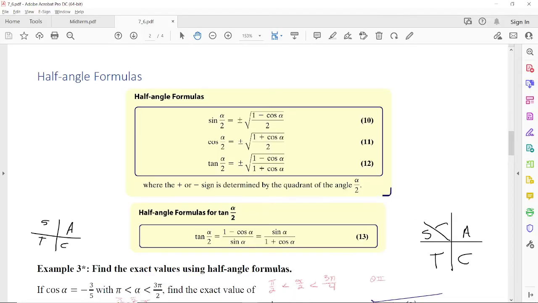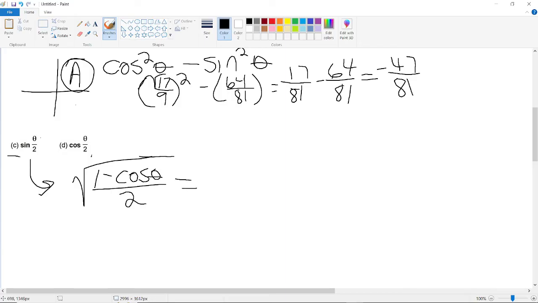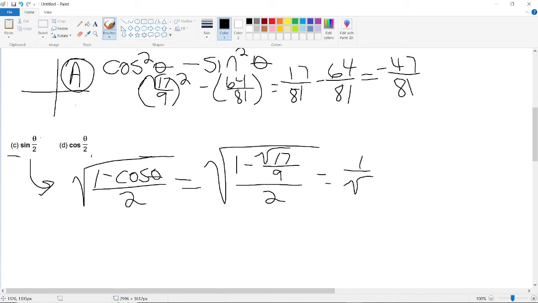And I've already forgotten, so let me just double check. Square root of 1 minus cosine theta over 2 equals square root of 1 minus the square root of 17 over 9, over 2. Well, generally you don't want to have a square root in the denominator. I don't know if your answer will work like that. So I can take 2 out of there, and there's all kinds of ways to do it. 1 over square root of 2 times the square root of 1 minus square root of 17 over 9.